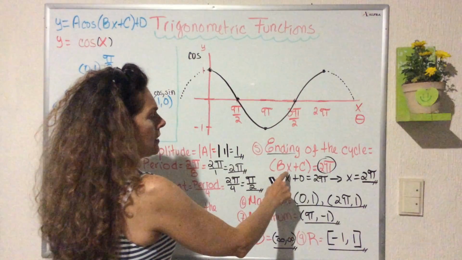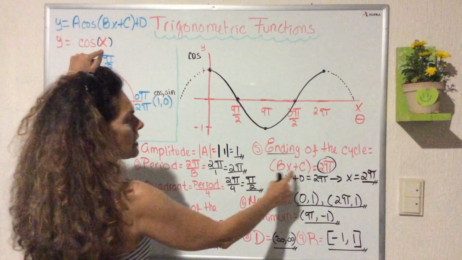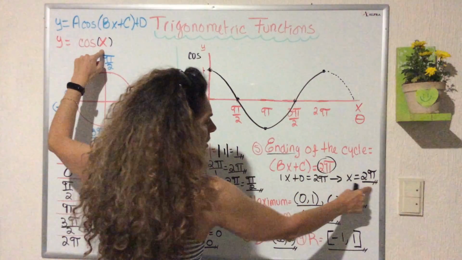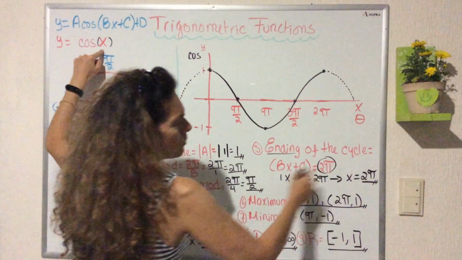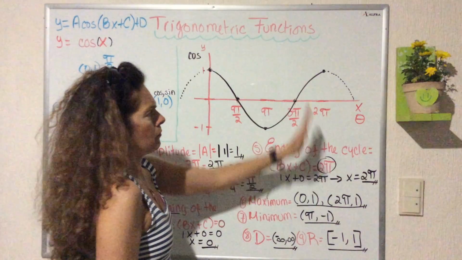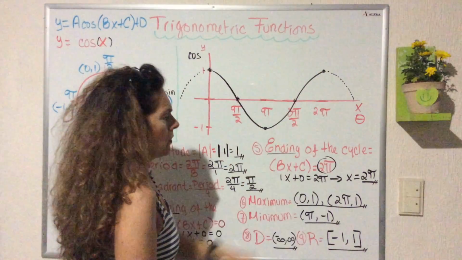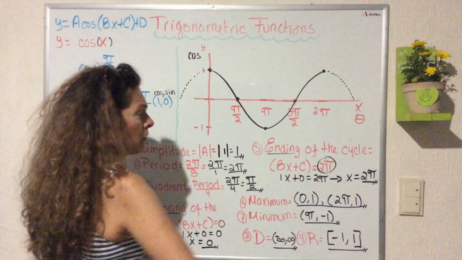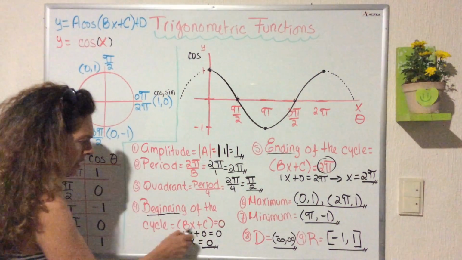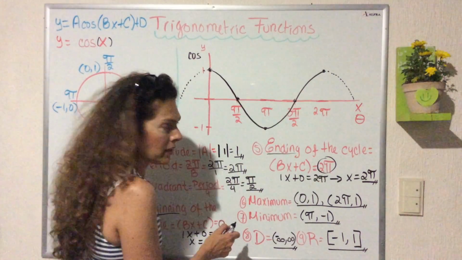For the ending, we take again the bx plus c. In this case, it's just x equals 2 pi. This is where our graph is going to end, which is, in this case, here. Okay? And now, remember that in the beginning, you are going to equalize to 0, and in the ending, you are going to equalize to 2 pi.